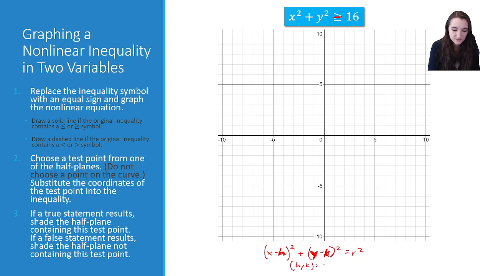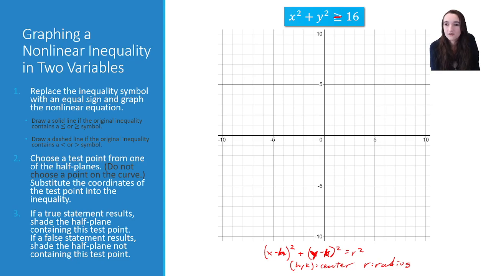So, x minus h squared plus y minus k squared equals r squared. h, k is the center, and r is the radius. That's the circle equation, and that's the extent to which I'm really going to go over it. In this case, h and k are both 0, because most of what we talk about in this class are just very basic circles, so they're going to be centered at 0.